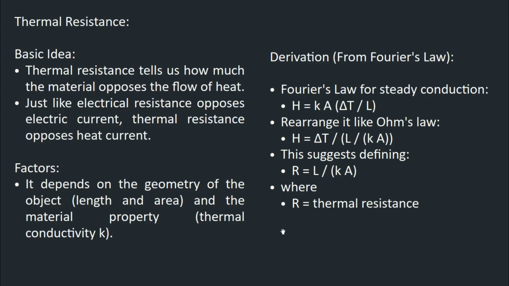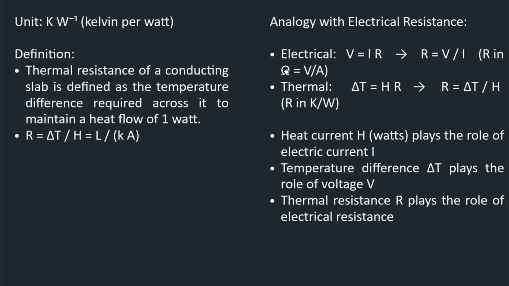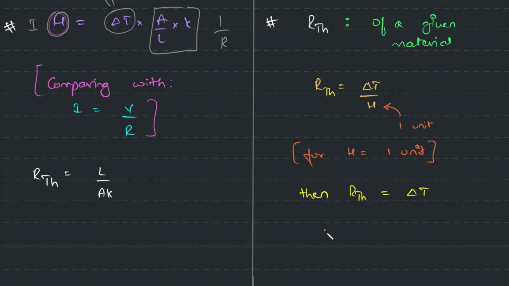So what we're looking at is, I was talking about this definition. Thermal resistance of a conducting slab is defined as the temperature difference required across it to maintain a heat flow of 1 watt. So basically, given a material, if I have to figure out the thermal resistance of this, all I have to do is check out what temperature difference I should maintain, so that we are looking at a heat transfer of 1 unit.